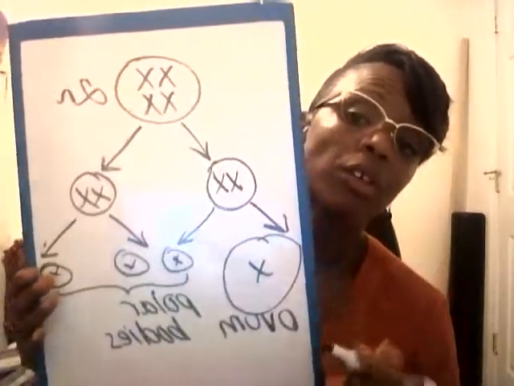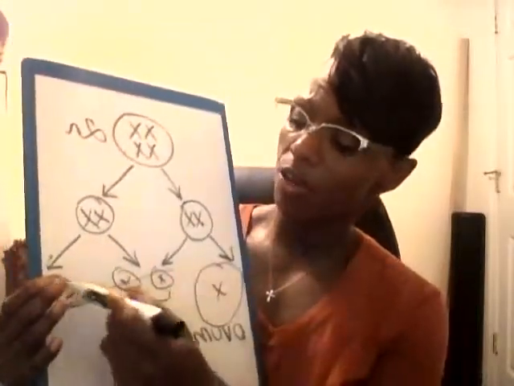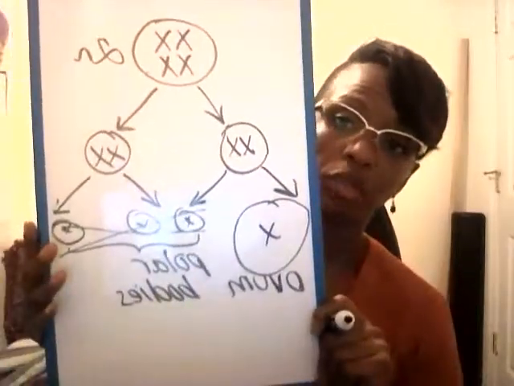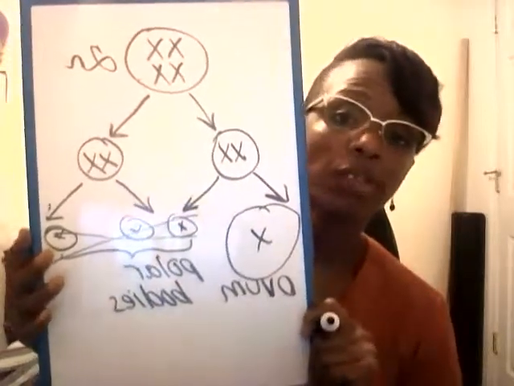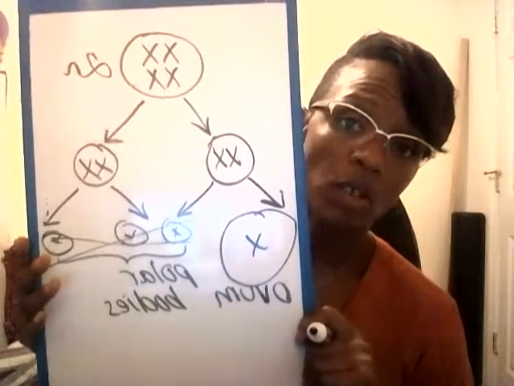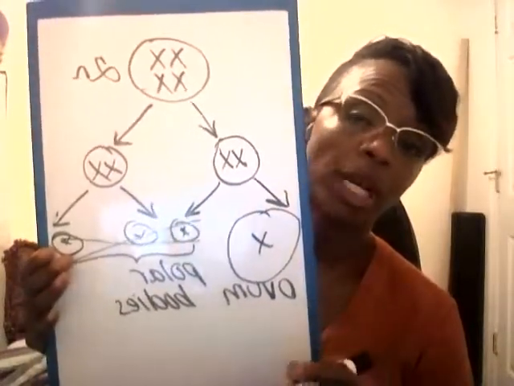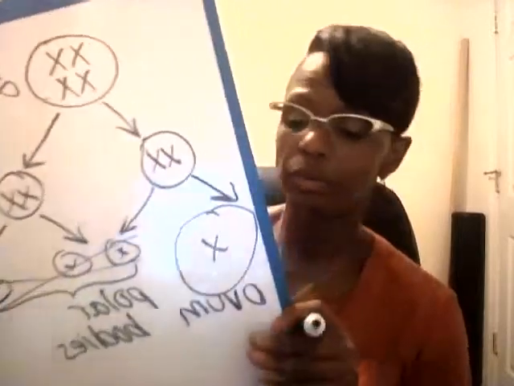So as a result, the ovum or the egg will survive while the polar bodies actually disintegrate. So we still end up with 4 cells at the end of meiosis. However, the only one that survives is the egg. The 3 polar bodies disintegrate. Okay, so there we have it.